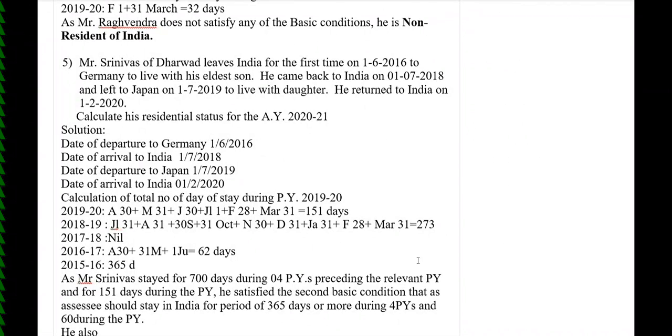So he also satisfies both the additional conditions.